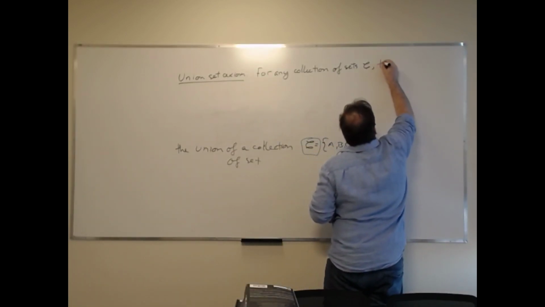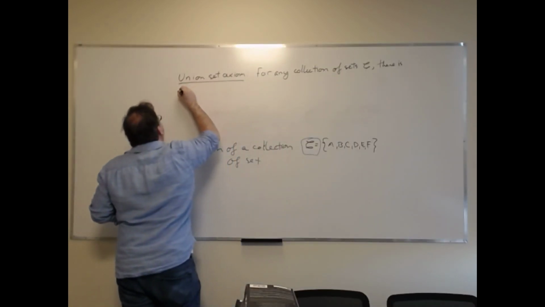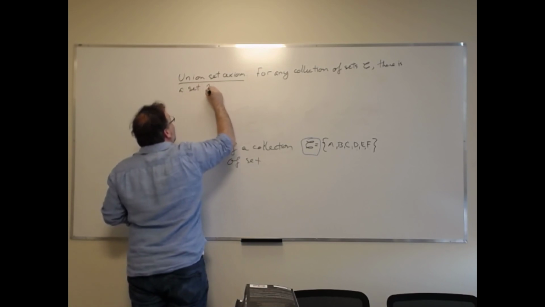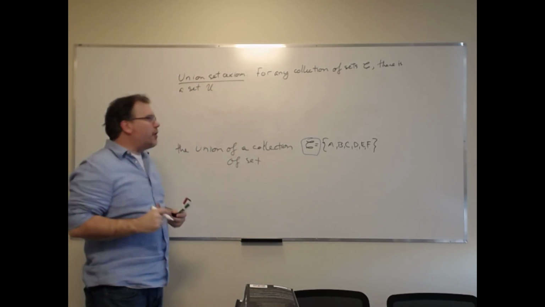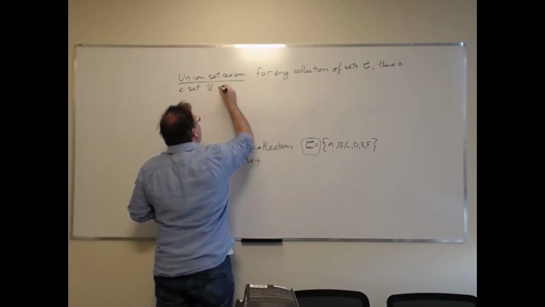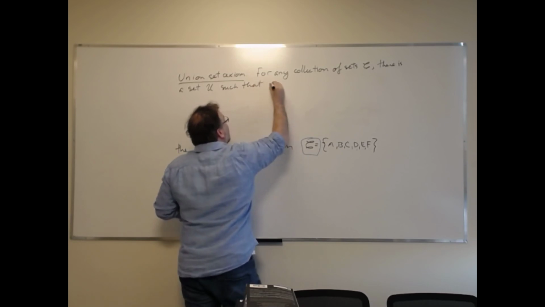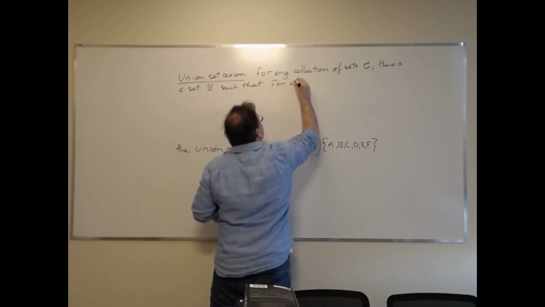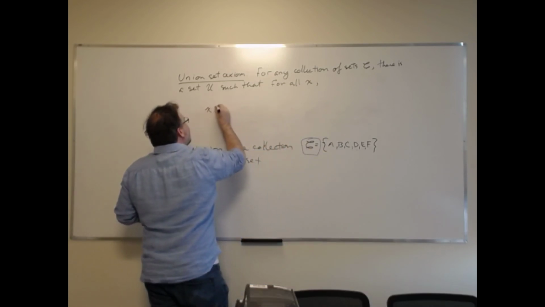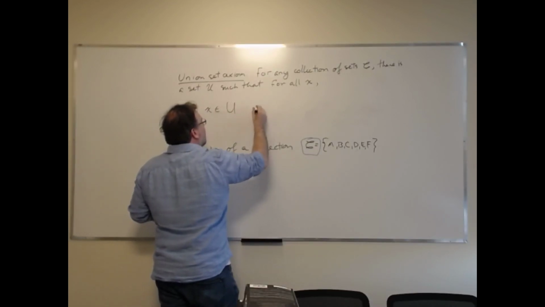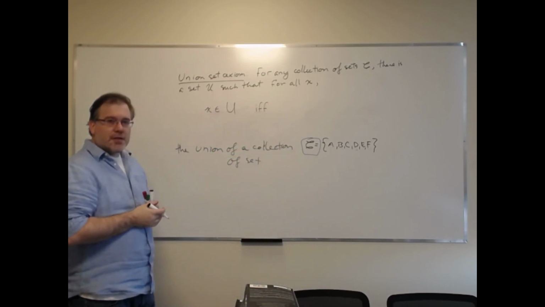there is a set U. I'm using the letter U just so we keep in mind it's about union, right? There is a set U such that for all x, x is in U if and only if the following happens.